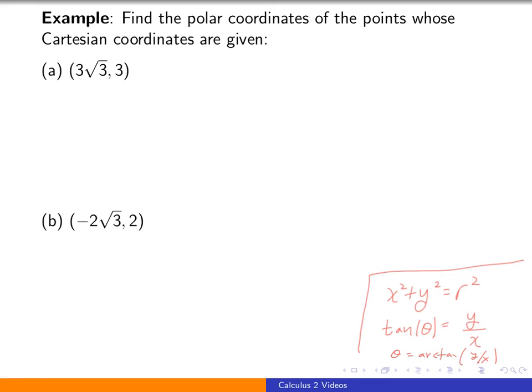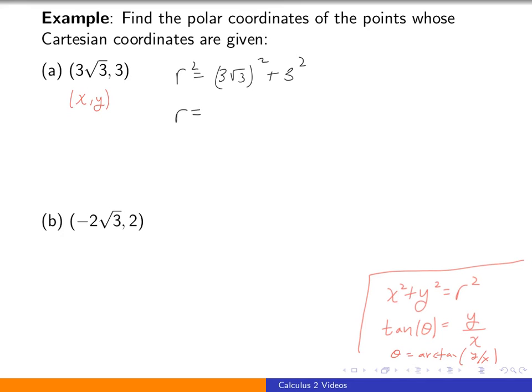So in this first point, (3 root 3, 3). This is of the form x comma y because we are in Cartesian coordinates. So we have that r squared is equal to x squared plus y squared. So that would be 3 square root 3 squared plus 3 squared.